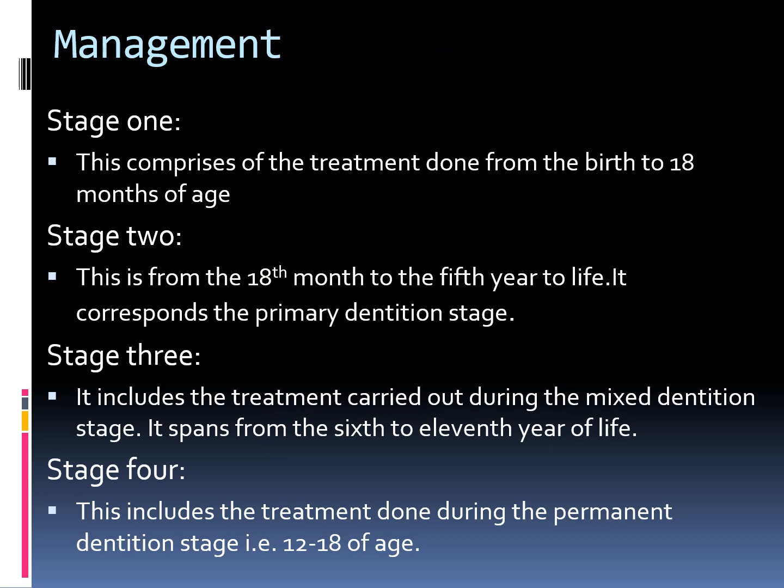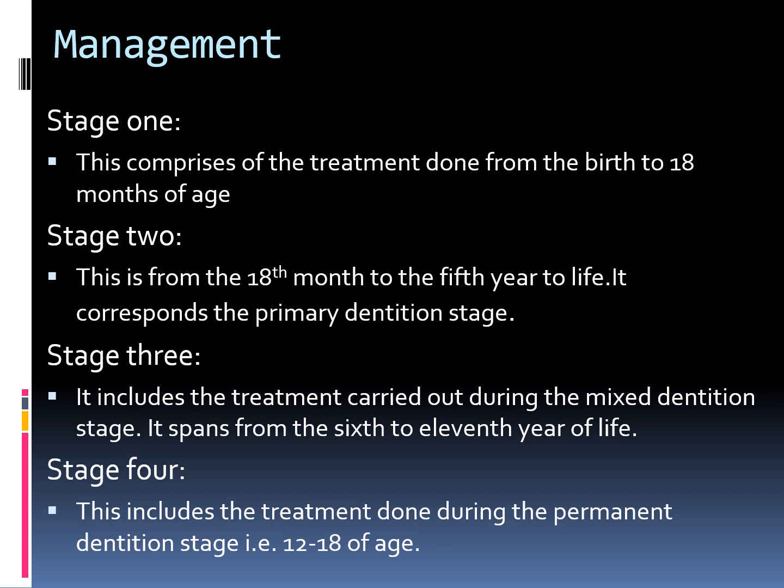Now, when I say management, there are stages. As soon as the baby is born, you cannot just immediately go and do a surgery. So it has to be planned out stage by stage, and when they will be okay to undergo surgery. Stage one comprises treatment from birth to 18 months of age.